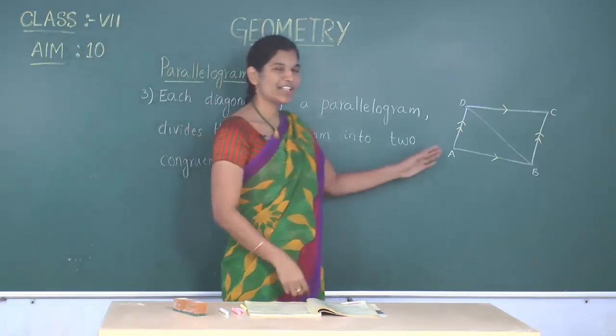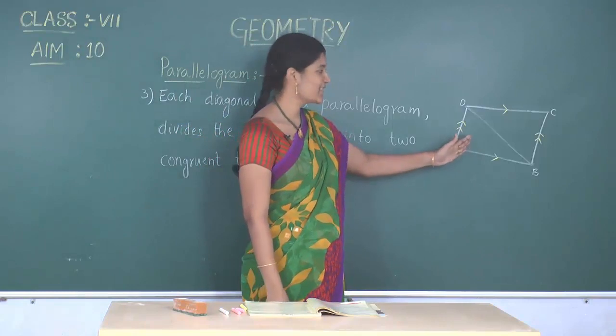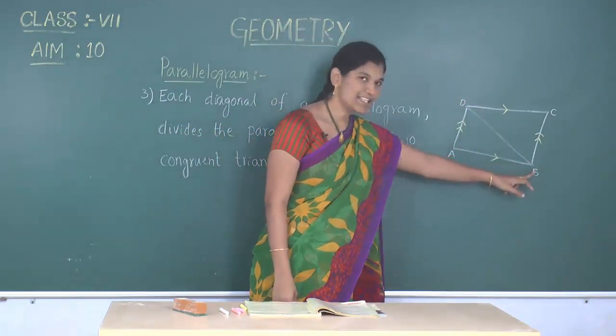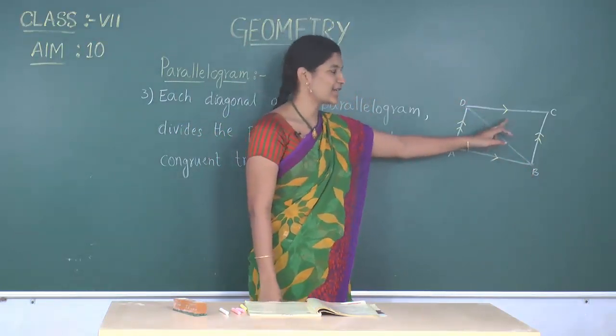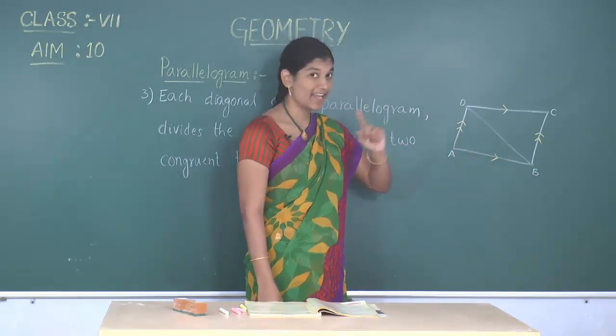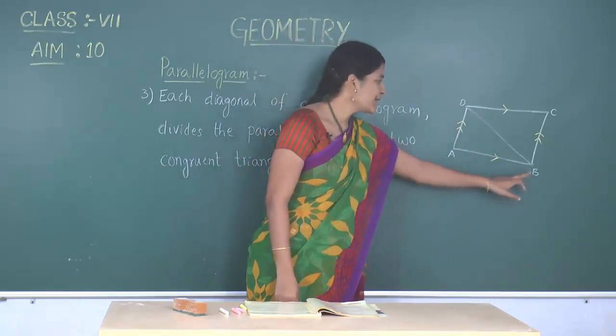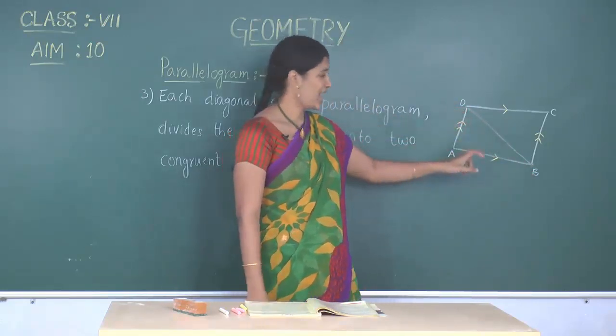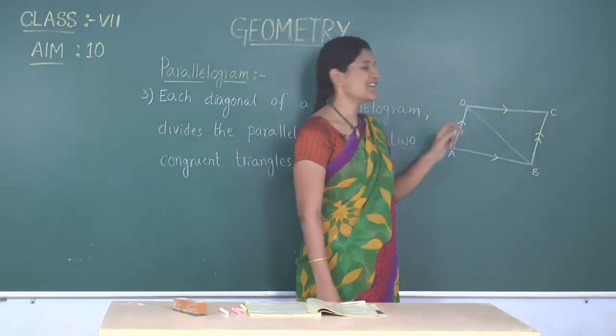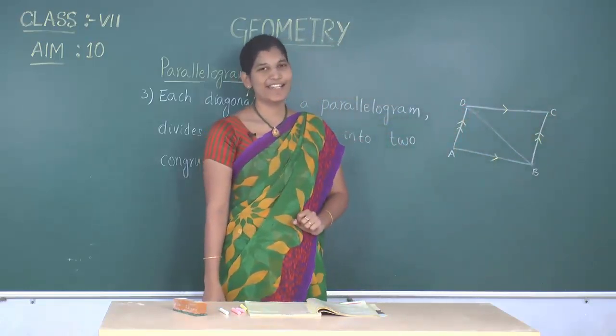See here, what are the congruent triangles in this figure? Yes, here BD is the diagonal. It divides the parallelogram into two congruent triangles. They are ABD and BCD. Both are congruent to each other.